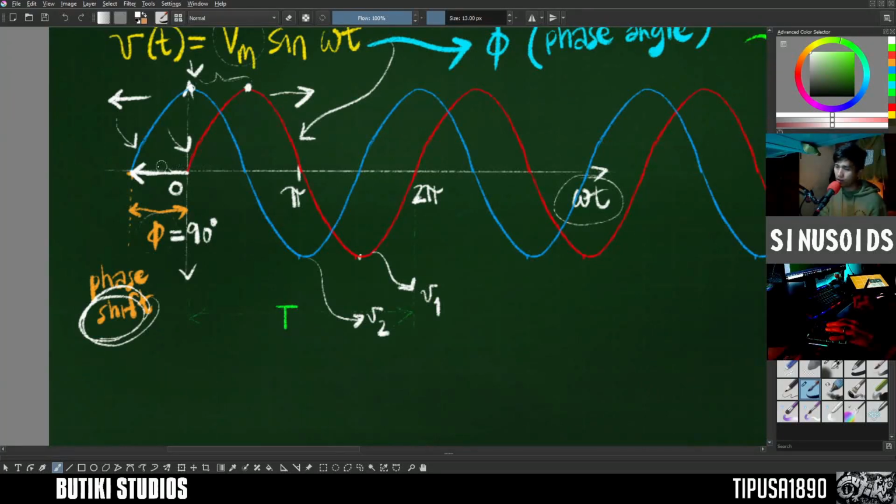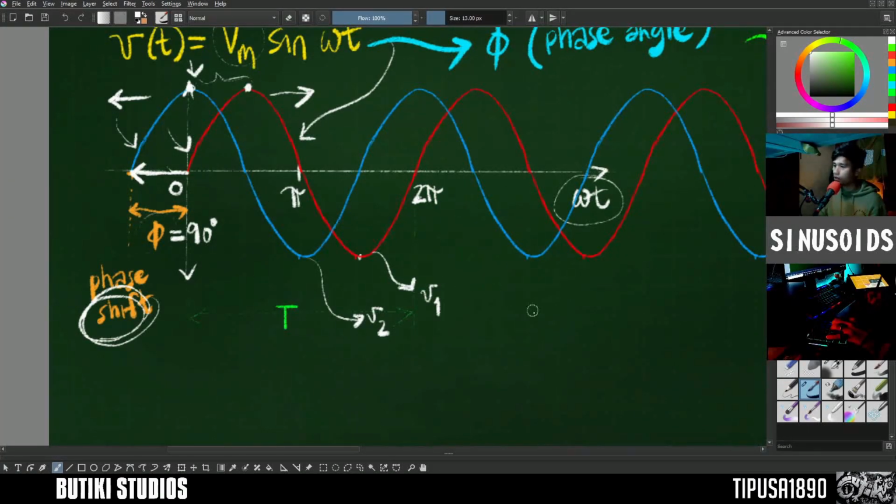The red wave and the blue wave are the same, only that we shifted it to the left. In reality, this shift happening here in our graph is a 90 degree shift. That is when the amplitude is at the origin, or at zero.